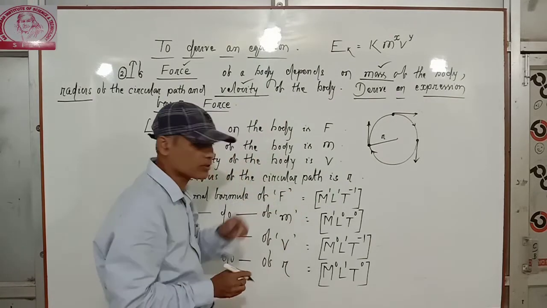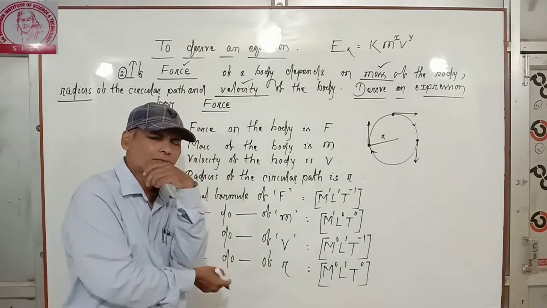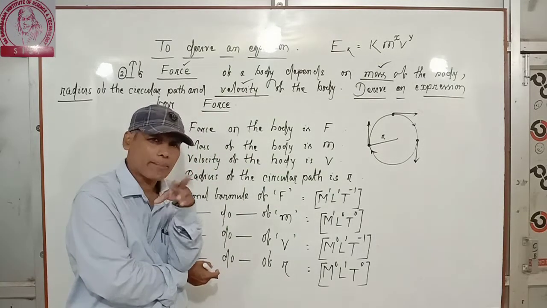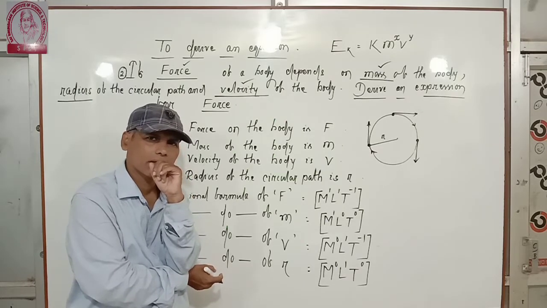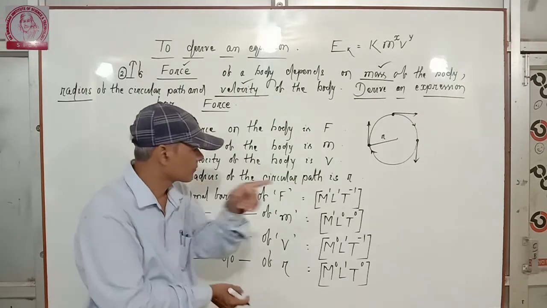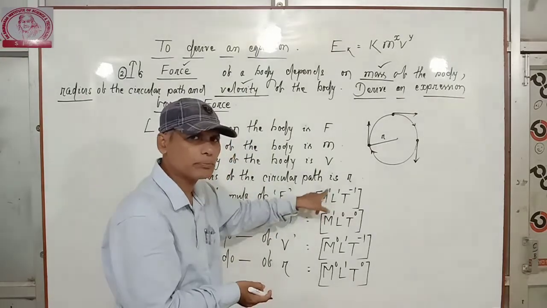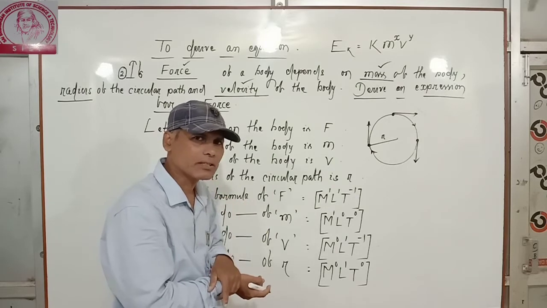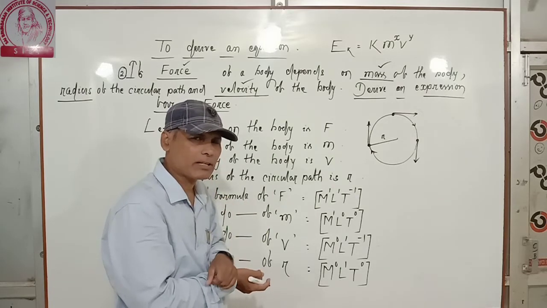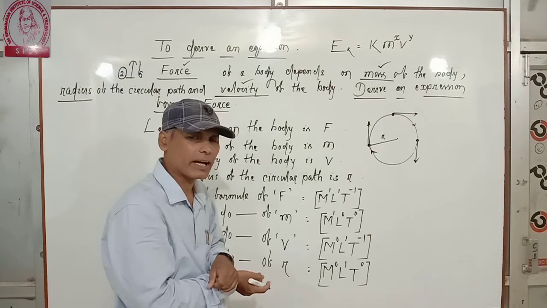The formula of force is F is equal to ma. That means mass is there, M to the power 1, M into a. A means acceleration. What is the dimensional formula of acceleration?